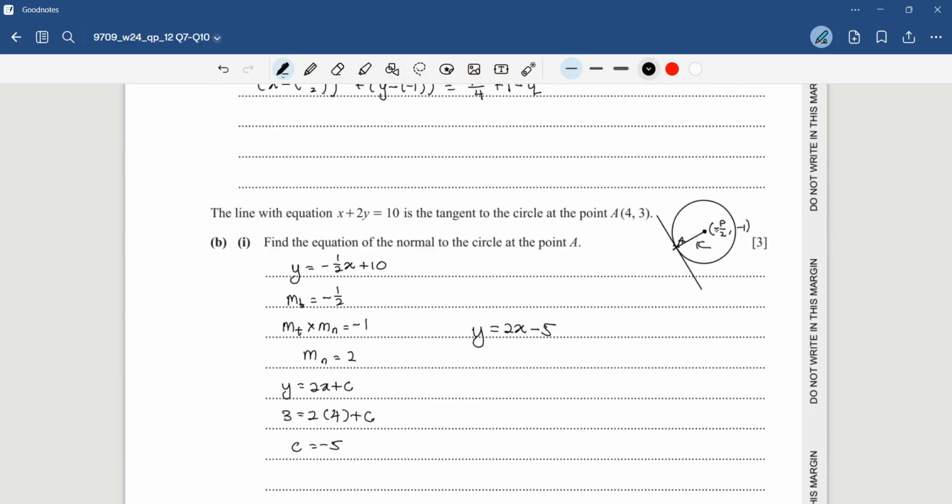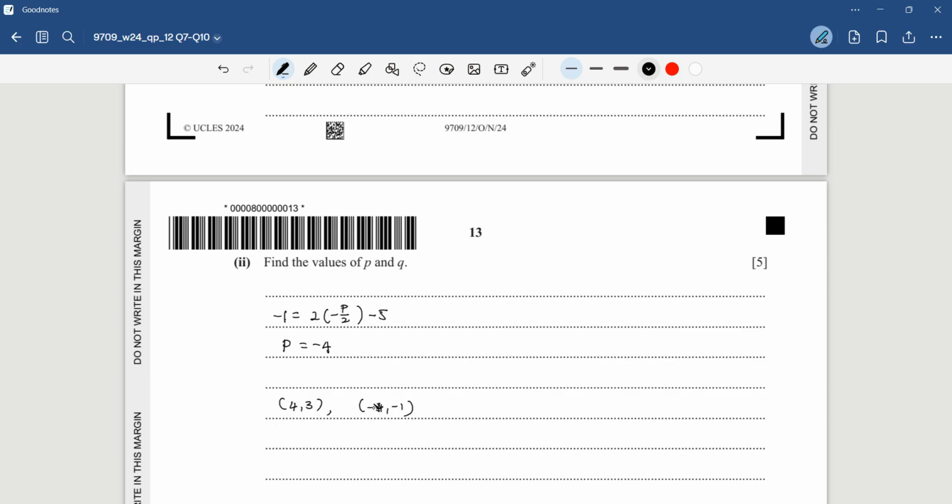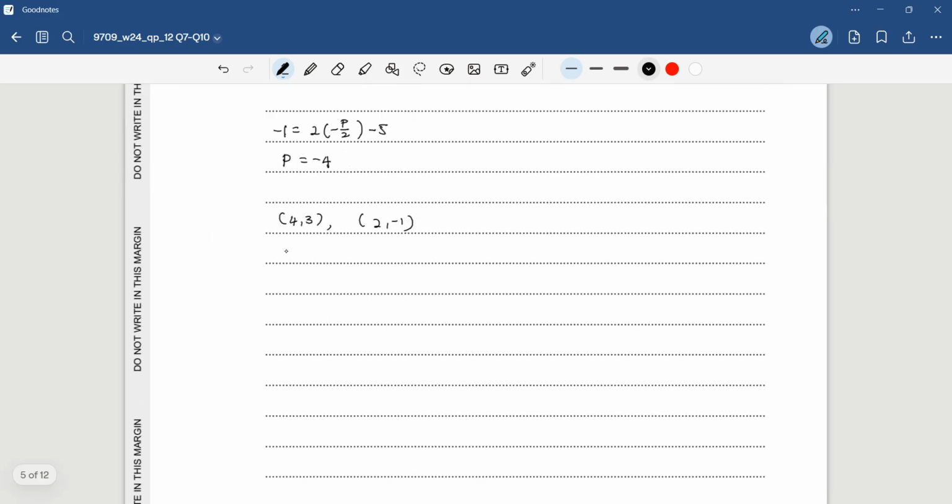Oh sorry, negative 4 over 2 is 2, so 2, negative 1. Okay, so my r square will be 4 minus 2 square plus 3 plus 1 square. So my r square will be 20.